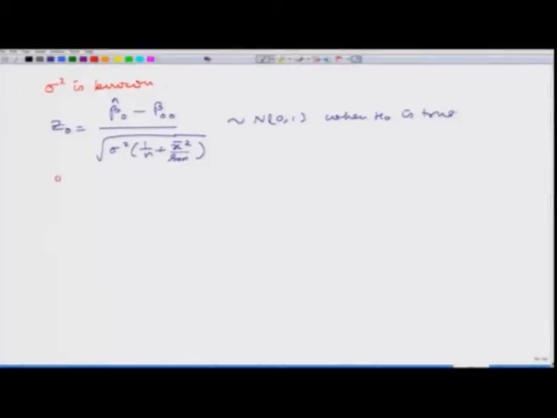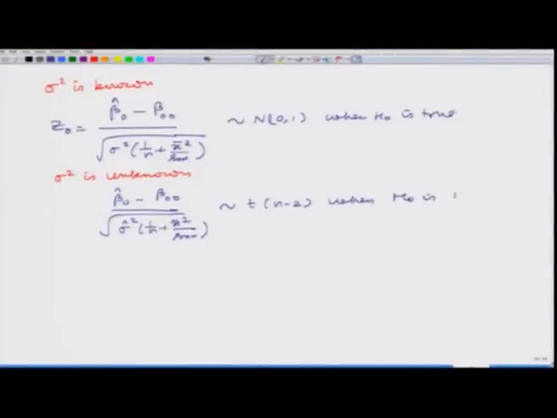Similarly, when sigma square is unknown, exactly on similar lines I can develop the statistic beta 0 hat minus beta naught naught divided by the square root of sigma square hat times 1 over n plus x bar square over Sxx, and this follows a t distribution with n minus 2 degrees of freedom when H naught is true.